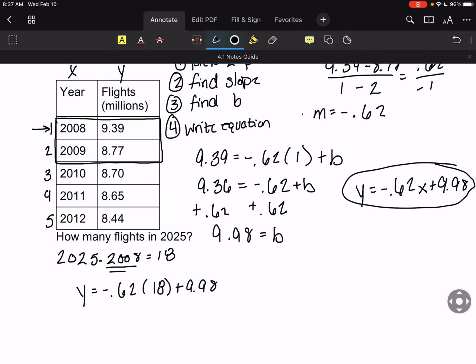So according to this, you're going to have a negative amount of flights, negative 1.18, which means that you are not going to any longer have flights in 2025.